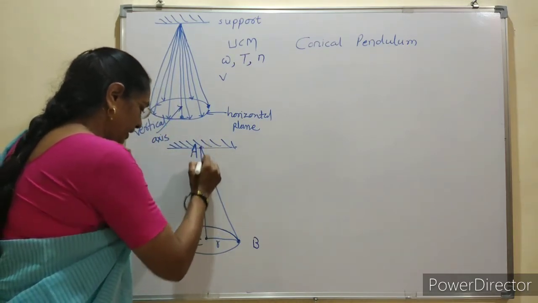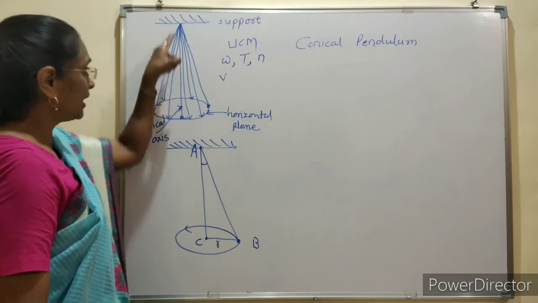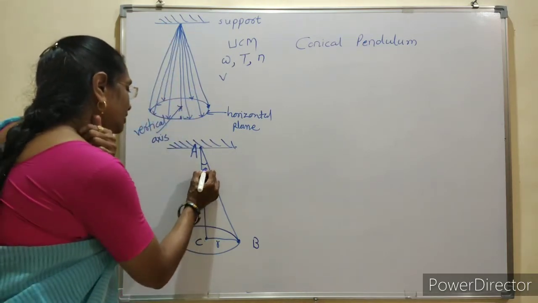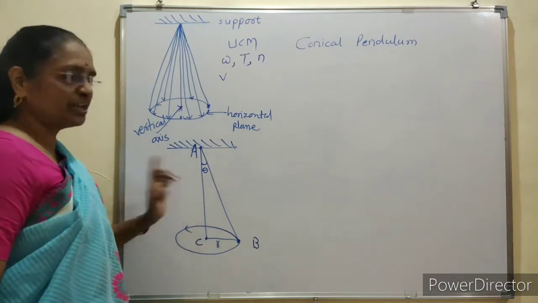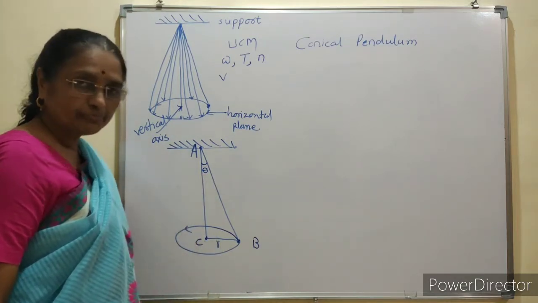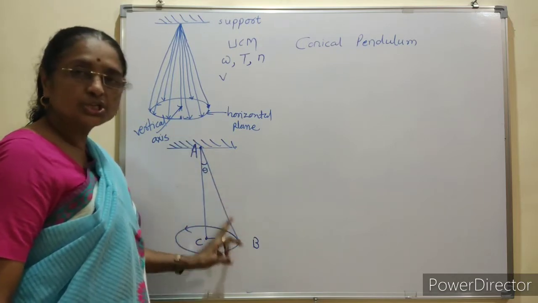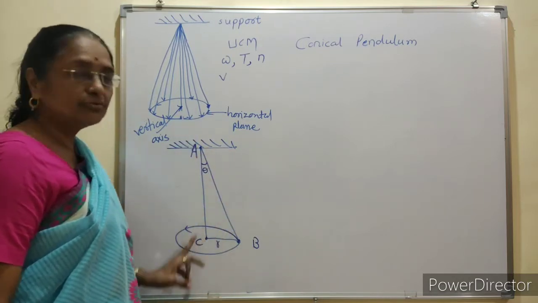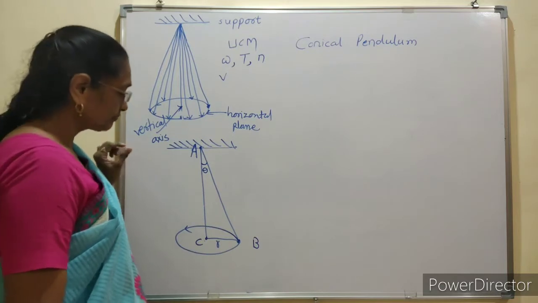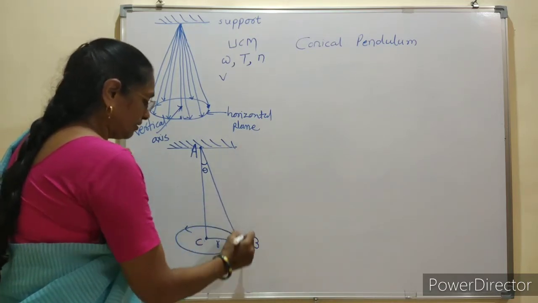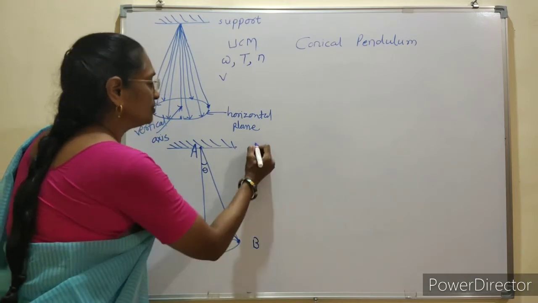Here AC is the vertical axis along which the cone is traced. Here the semi-vertical angle is shown by theta, or it is the angle made by one of the positions of the string with the vertical. This theta. Now we can write the description for the figure.